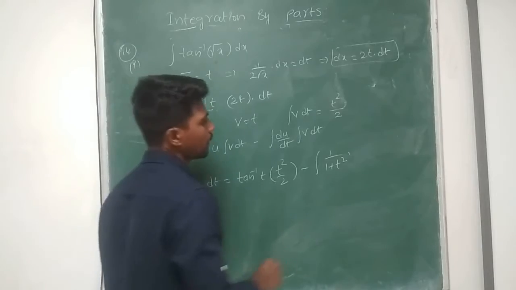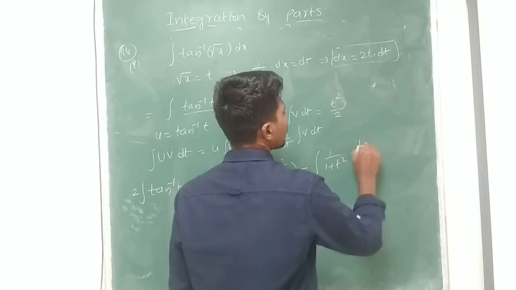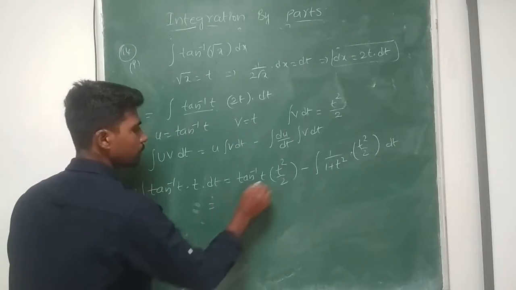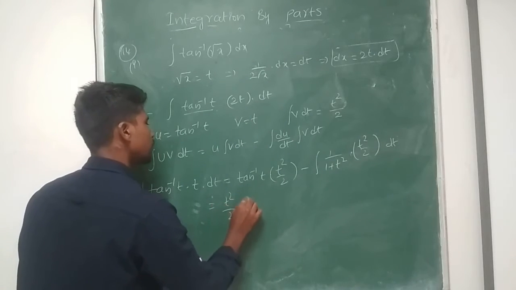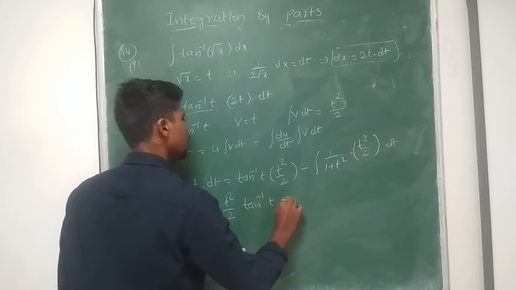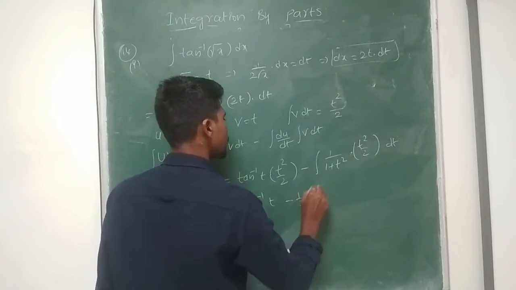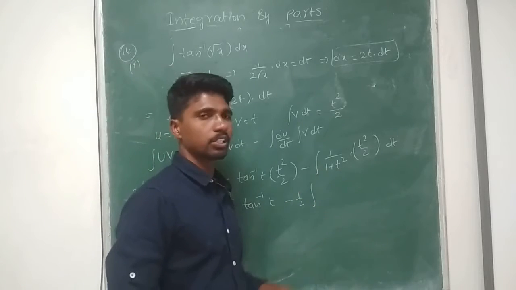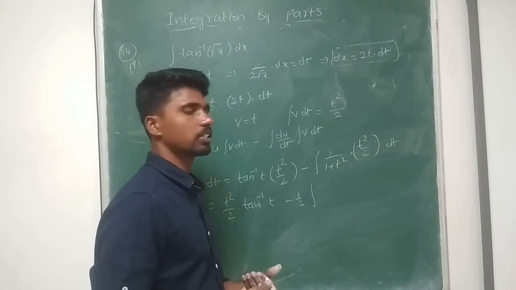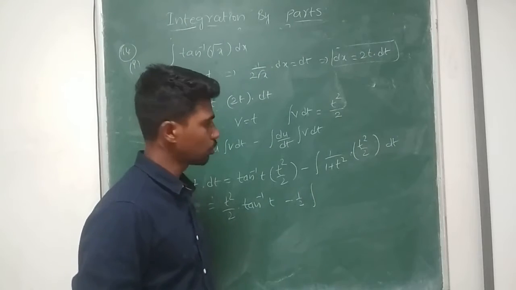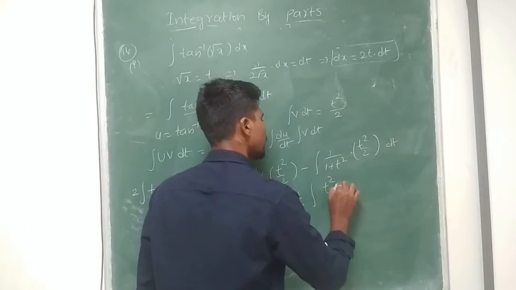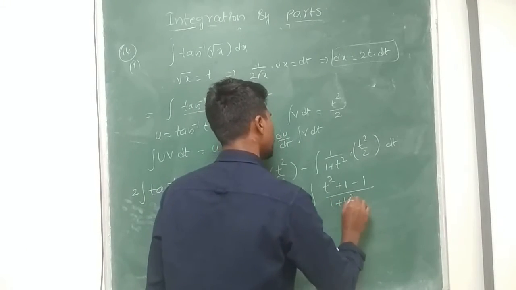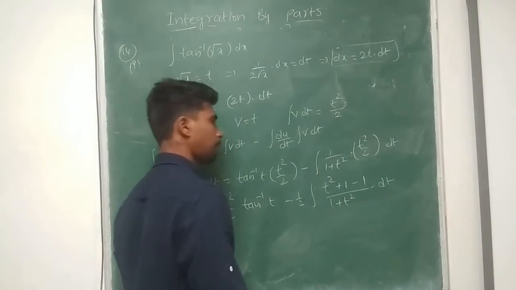Integral v is nothing but t square by 2 dt. So if I simplify this, I get t square by 2 into tan inverse of t minus, 1 by 2 taken outside, integral. So in the numerator I have t square and in the denominator 1 plus t square. So to make the numerator 1 plus t square, I can split it into parts: for t square I will add 1 and subtract 1, by 1 plus t square dt.